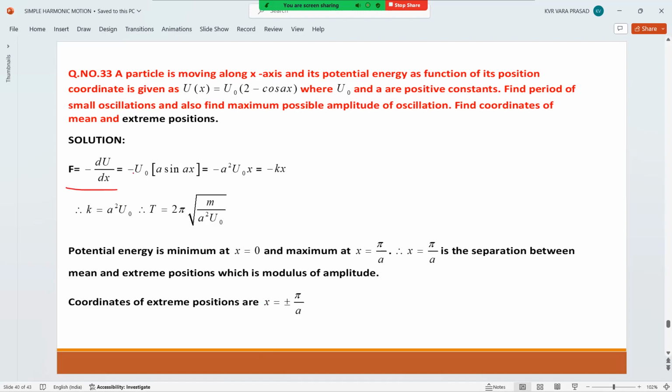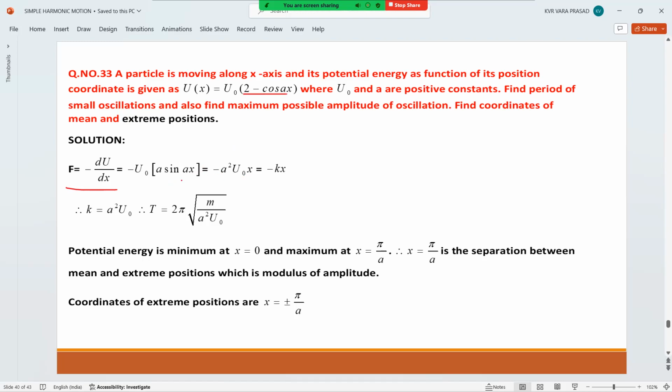So minus U naught, derivative of 2 is a constant, so derivative is 0. Next one, derivative of cos ax is minus a sin ax. So minus of minus becomes plus, and it becomes minus a square into U naught into x, because the condition is given as small oscillations.